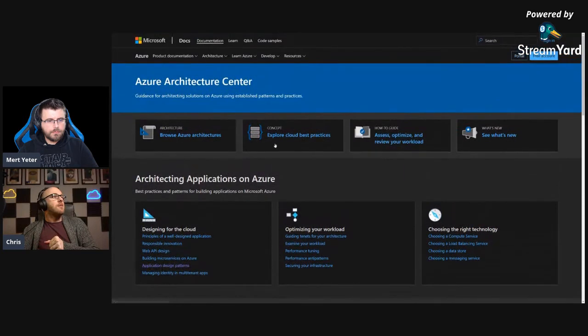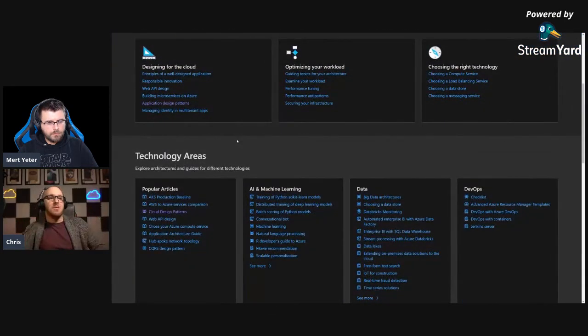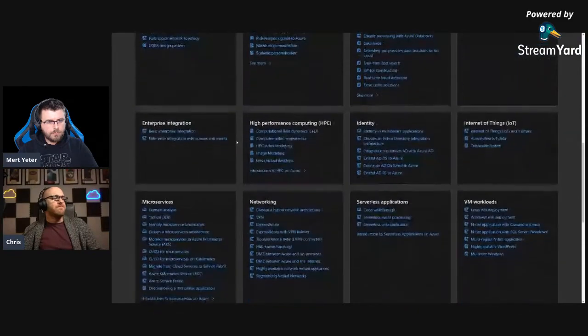I want to go ahead, for example, and browse different architectures that are already out there and have been designed for different scenarios. So based upon your scenario where you're entering, you might be an expert in certain areas of the cloud already. You might be starting brand new. There'll be something in here for you, and it's very well laid out in terms of the different technology areas.